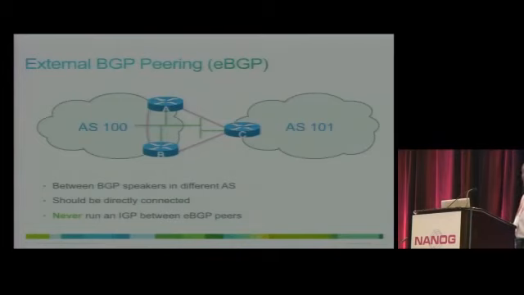Okay, so eBGP is used between routers in different autonomous systems, and those routers who speak eBGP to other autonomous systems are typically called border routers.